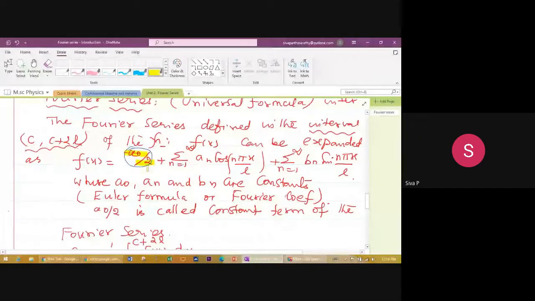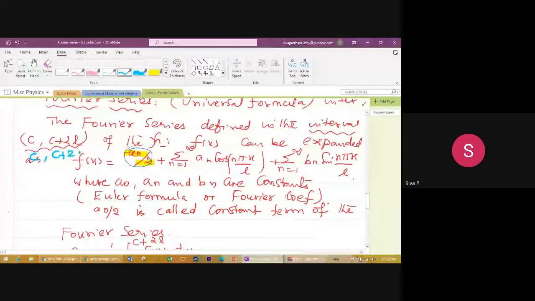Come to the second term. What is the interval here? We are going to write the new formula for the interval C to C plus 2 pi.